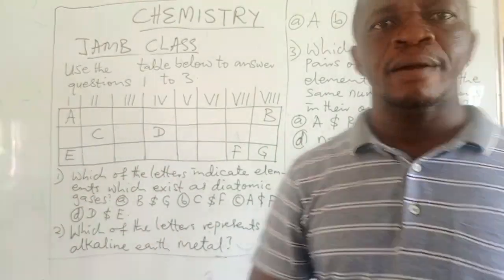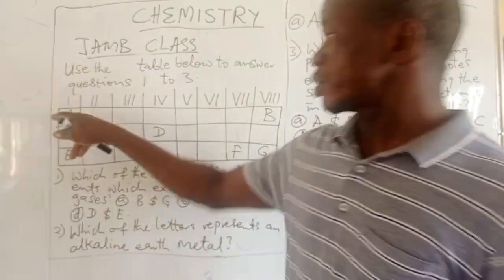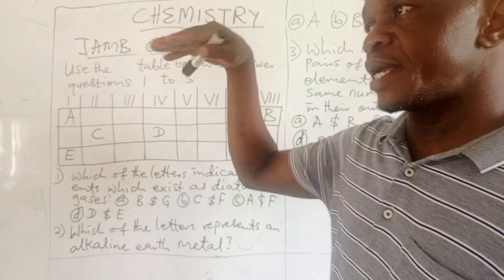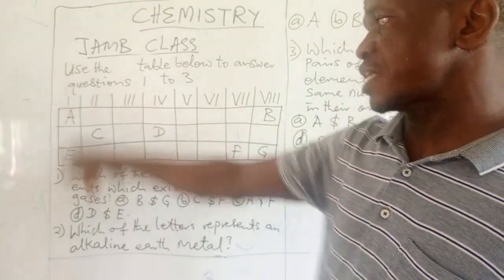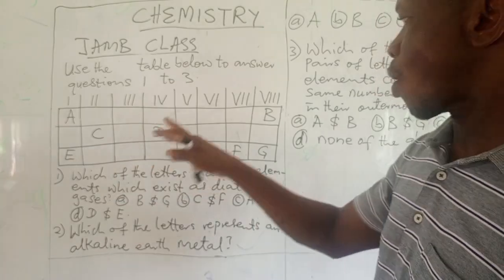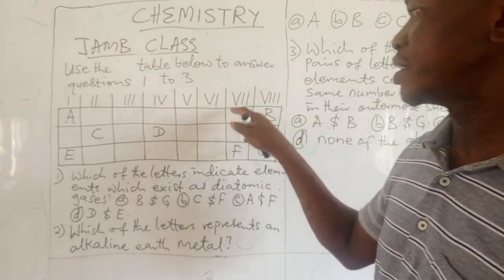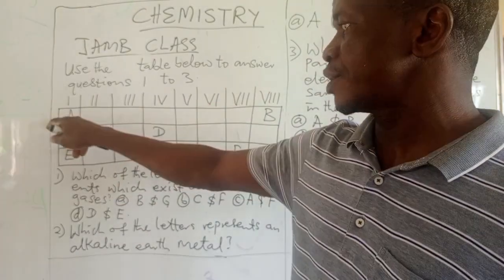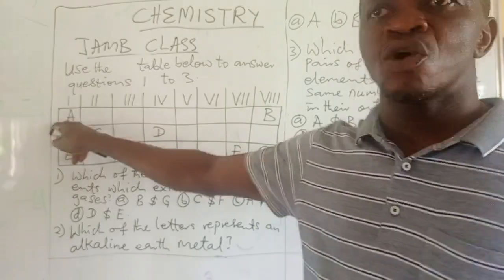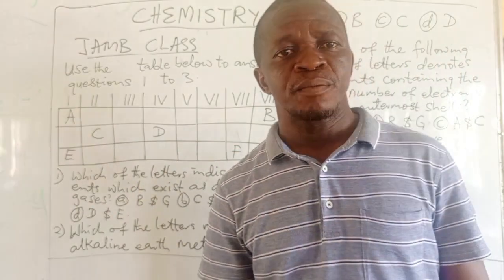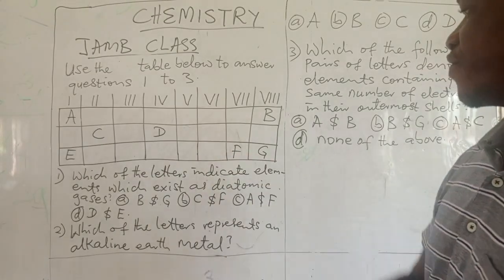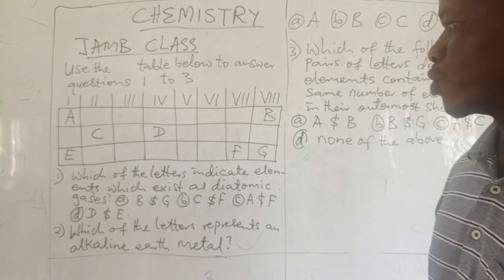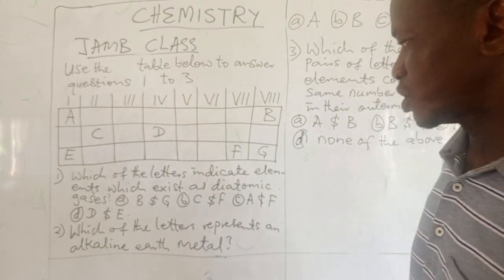Group 1 are metals all through, but apart from the first element, hydrogen, which you can place there as the first element in group 1, or you place it here. Since they have shifted it to this place, it is also a diatomic molecule. That's hydrogen. So you have A and F as diatomic molecules in this table.